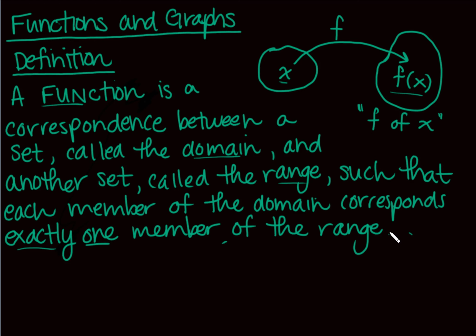Okay, that is the definition of a function. That might be something that you want to know from memory. So a function is a correspondence between a set we call the domain and another set called the range, such that each member of the domain corresponds to exactly one member of the range.